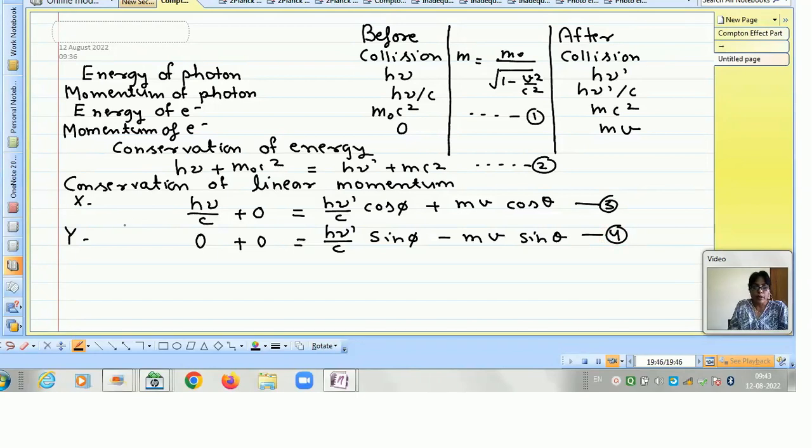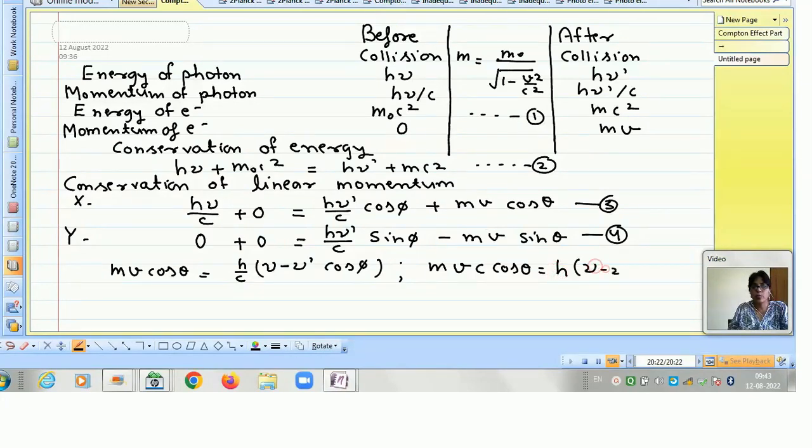Now let us do some manipulation here and write these two as mv cos theta is equal to h by c into nu minus nu dash cos phi. Or this can also be written as mvc cos theta is equal to, multiplying by c here, h into nu minus nu dash cos phi.